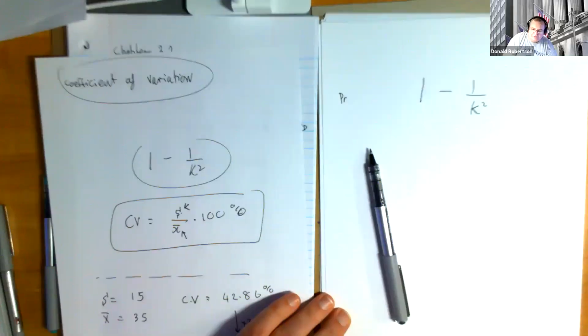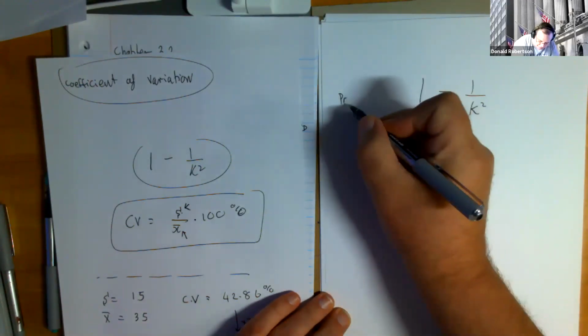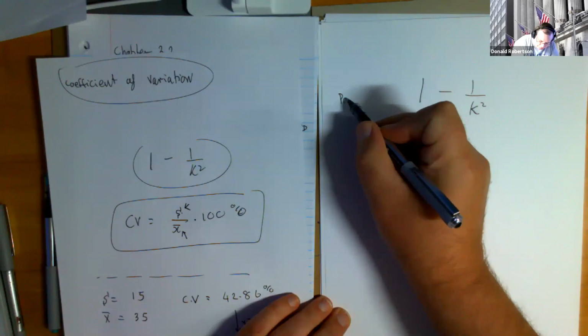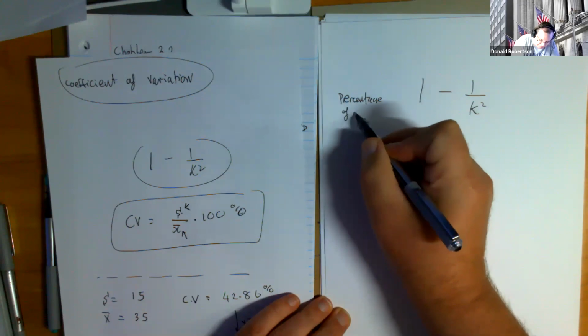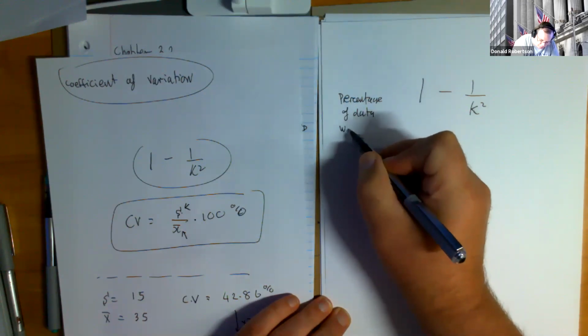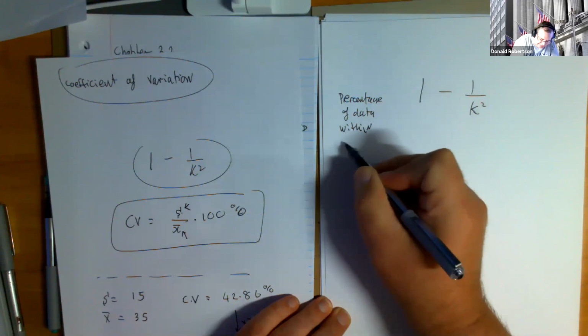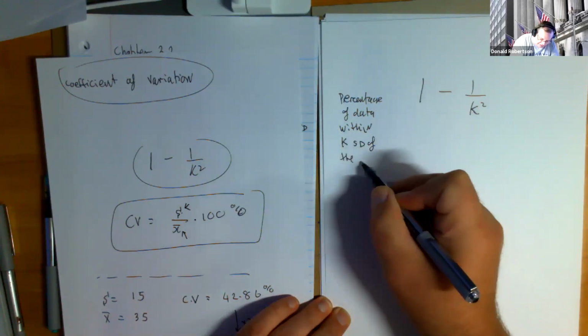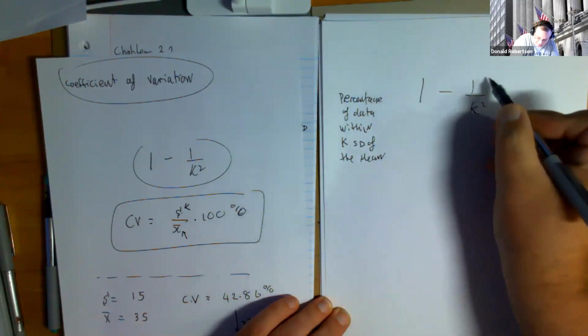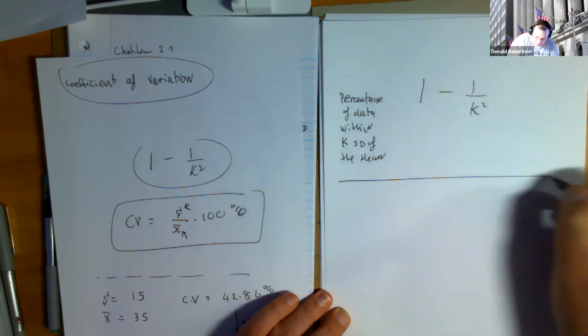So this little fella uses standard deviations to predict how much of your data lies within k standard deviations of the mean. Now, that guy is a decimal, but you convert it into a percentage.